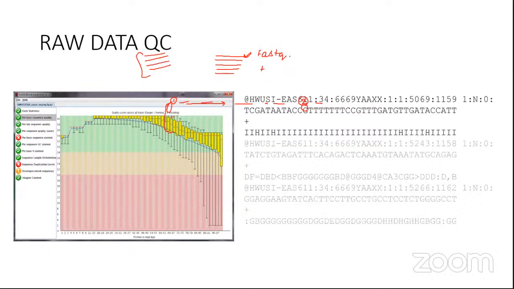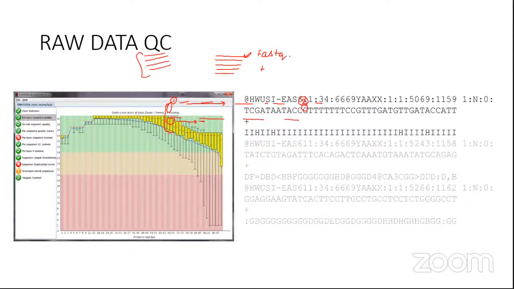Second line will present the sequence, whatever the read corresponding to that sequence is. Third line will start with the plus sign. This is called the quality header. It might be empty.